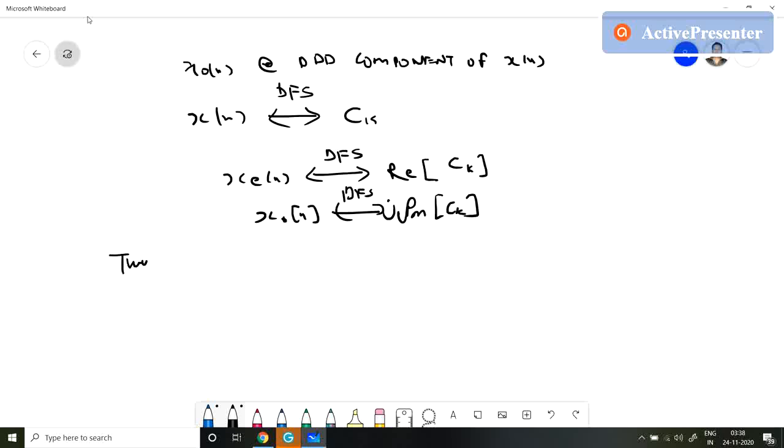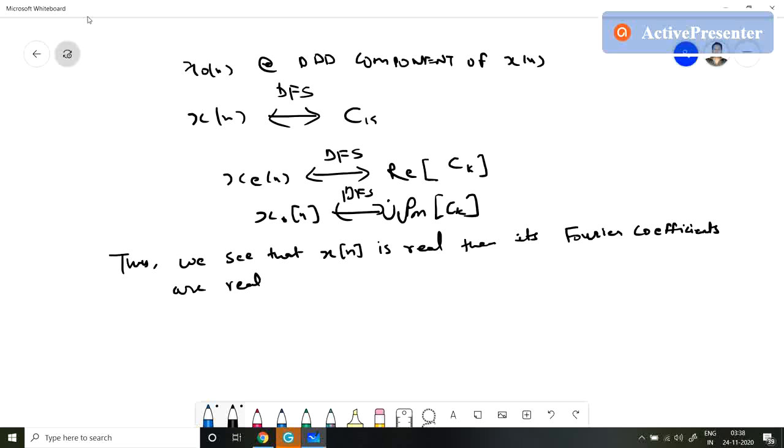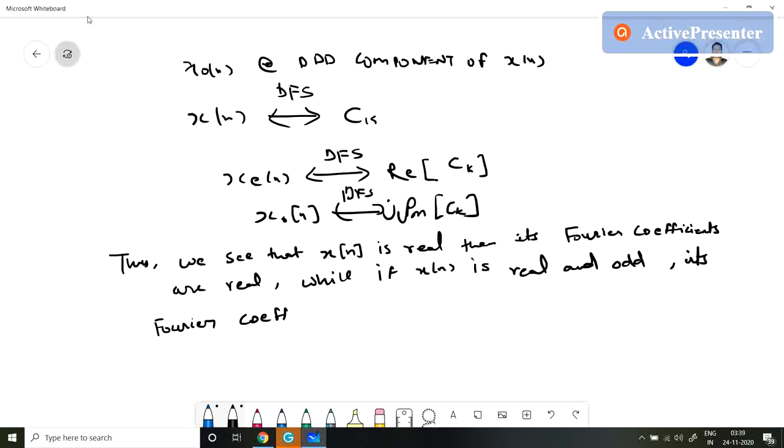Thus we can see that if xn is real and even, its Fourier coefficients are real, while if xn is real and odd, its Fourier coefficients are imaginary.